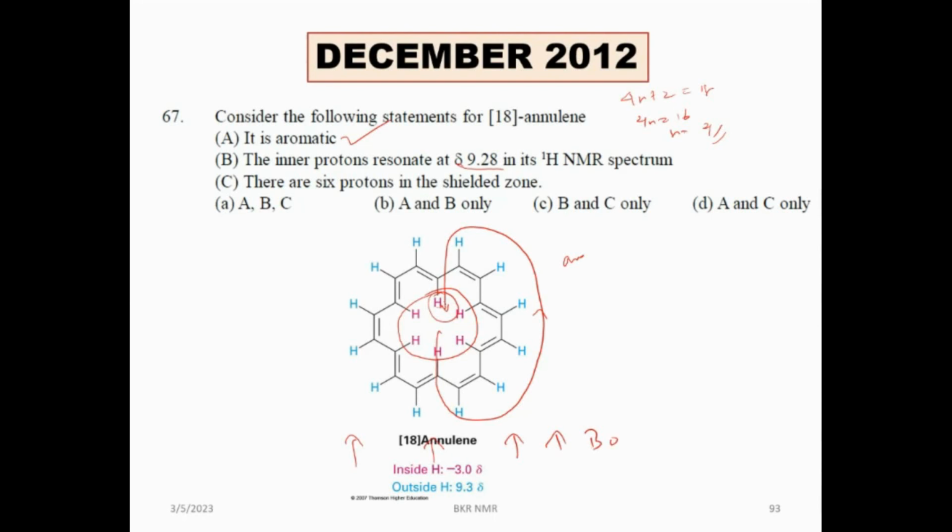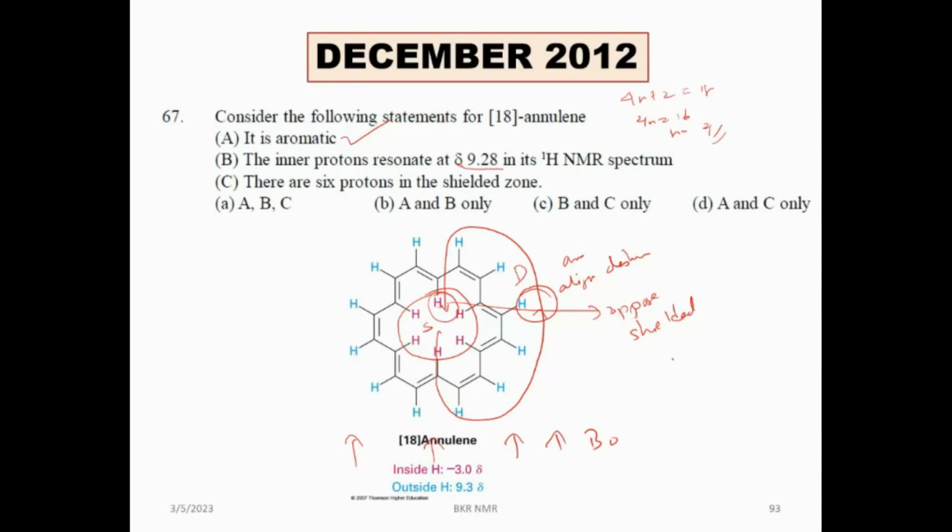Since it is opposing, you have shielding. Near the outer protons, it is aligning. Therefore it is deshielded. So in an aromatic system, inner protons are shielded and outer protons are deshielded.